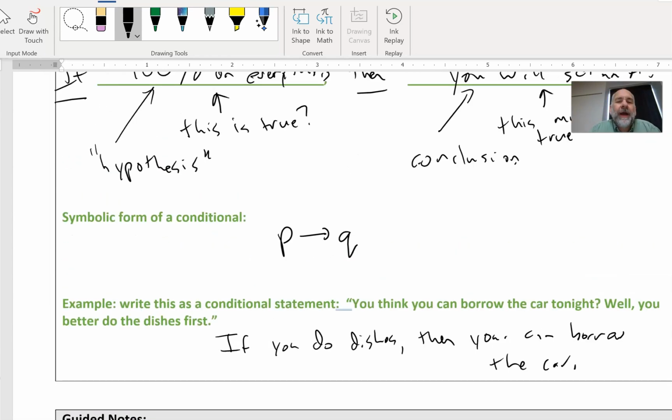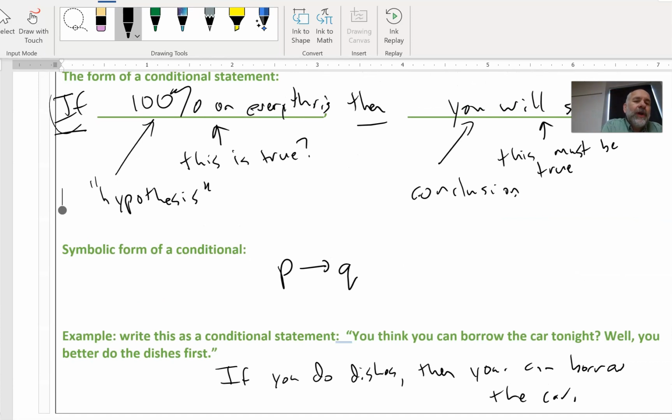The big thing to notice is which one has the if and which one has the then, although you notice I wrote the dishes and car thing without any if or then in there. Think about which one, if you know one is true, then you know the other one has to be true.